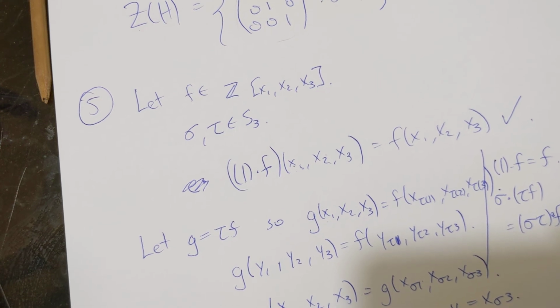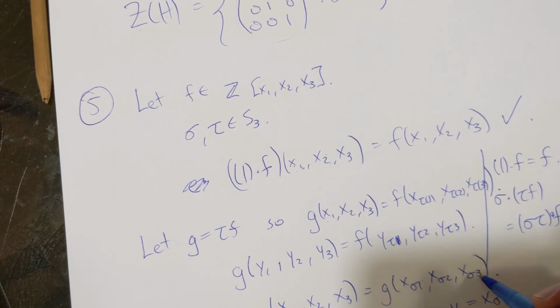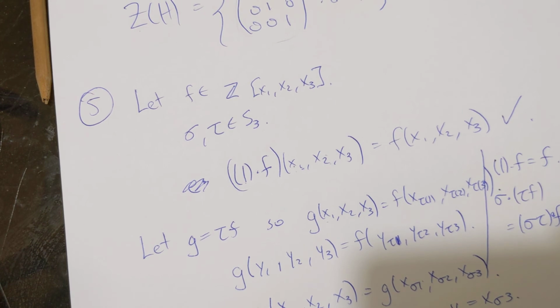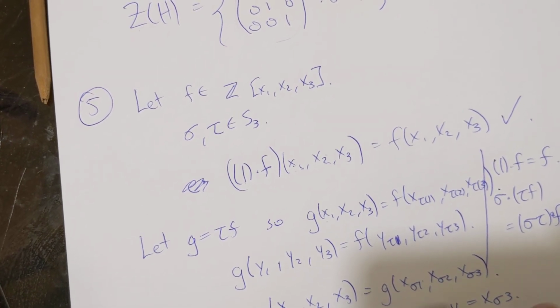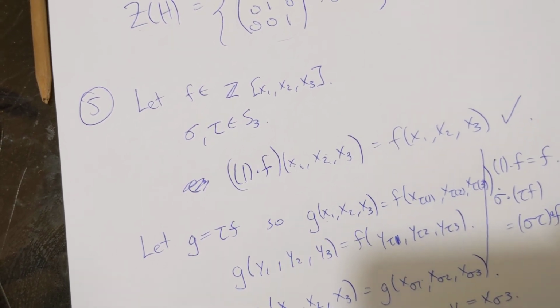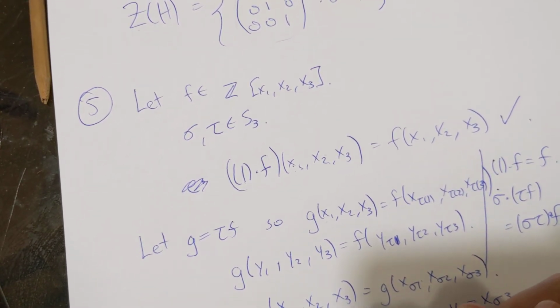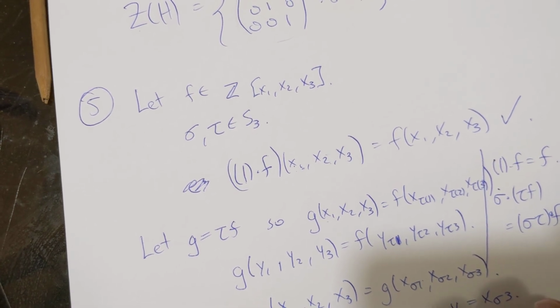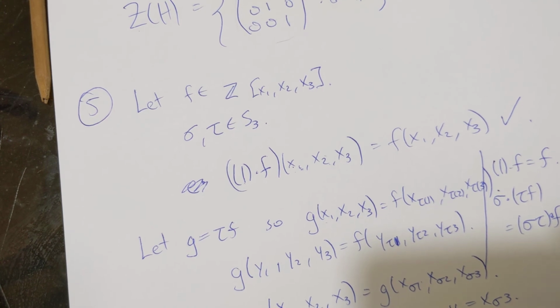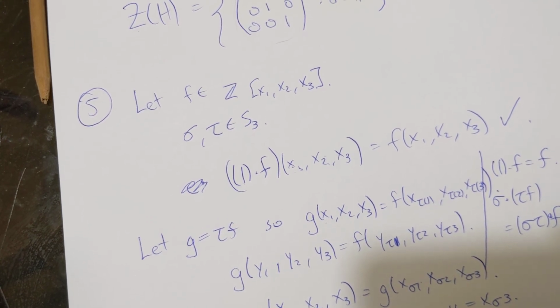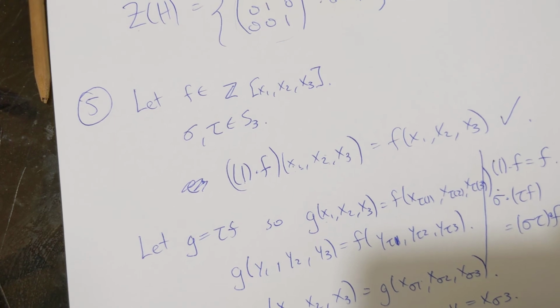And when we do that, that tells us that g of x sigma 1, x sigma 2, x sigma 3 is just g of y1, y2, y3. Well, that's just f of y tau 1, y tau 2, y tau 3.